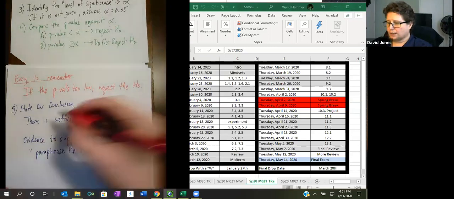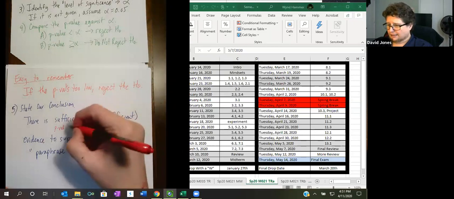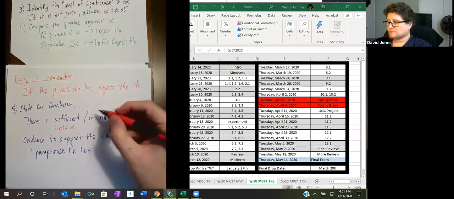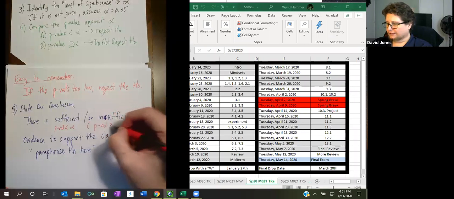The sufficient one arises when p-val is less than alpha, and the insufficient one is when p-val is greater than alpha.